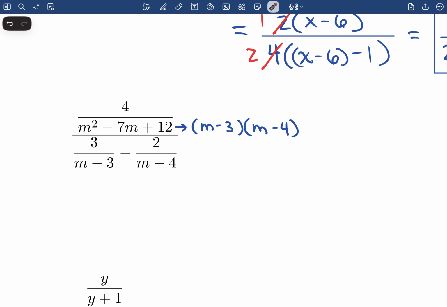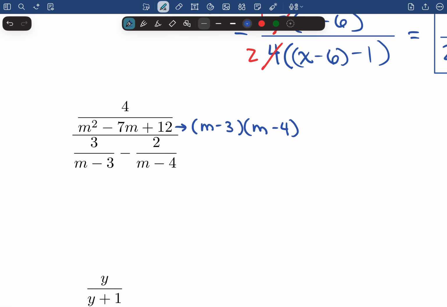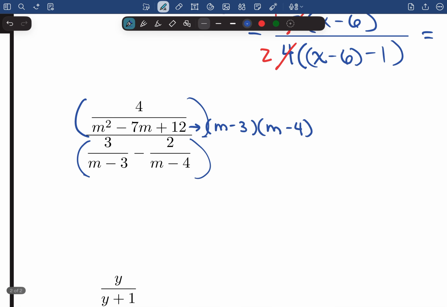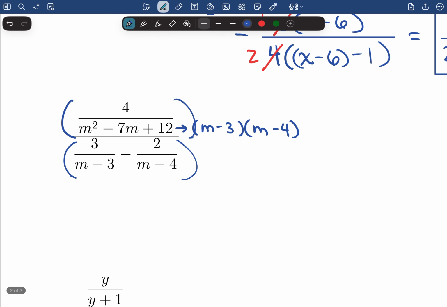And I'm actually really surprised because those same factors that I just found are the factors of these denominators, m minus 3 and m minus 4. So what is the LCD of all this stuff? The LCD is m minus 3 times m minus 4. Those are the factors of all the denominators.